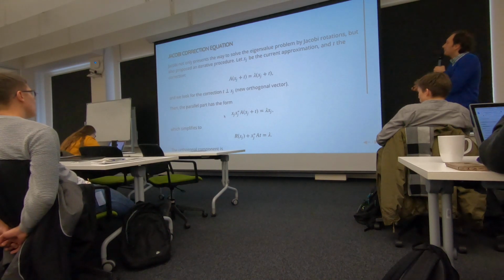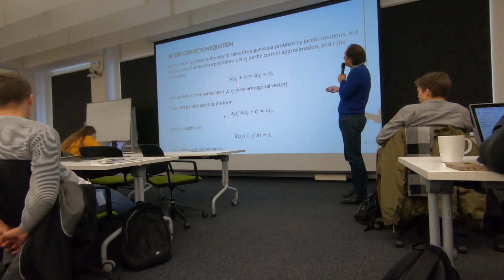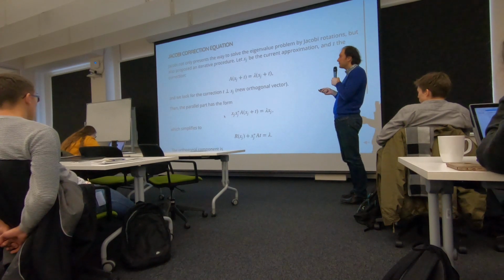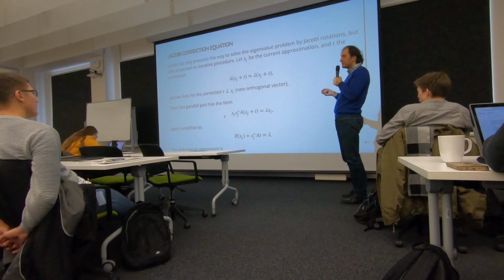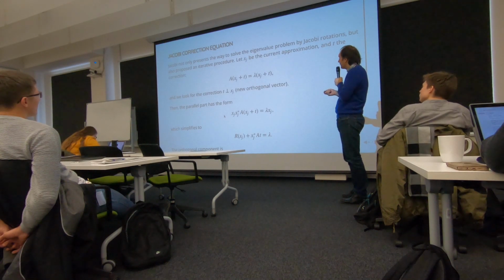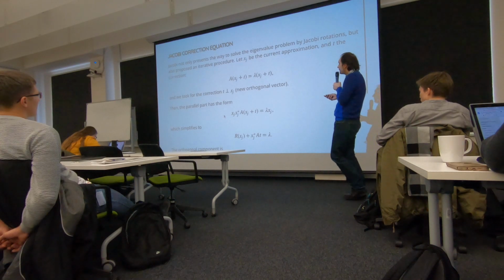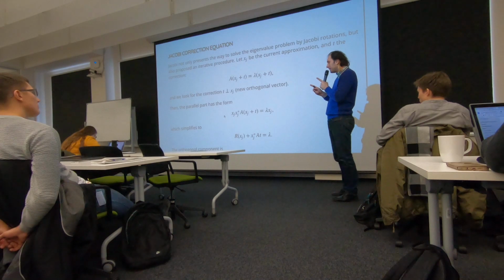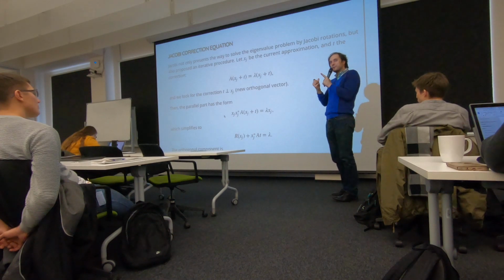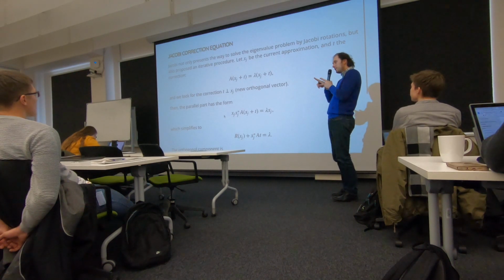In the original paper, it was derived as follows. Having the current approximation, we want to find the correction to the eigenvector. So probably we need to solve this system of equations, which is not much simpler than the original one. But we also say that the correction is orthogonal to the current eigenvector. Why is it so?